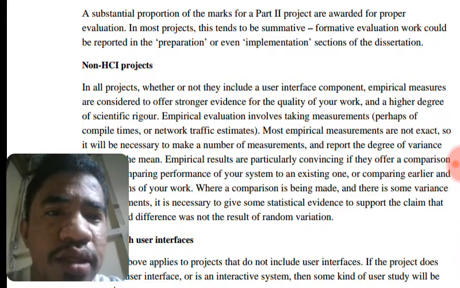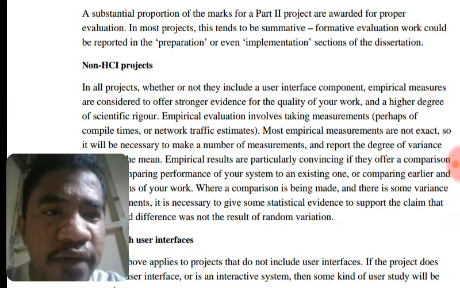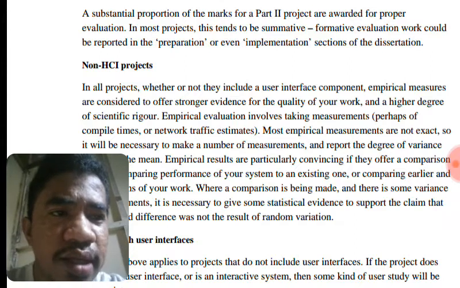Non-HCI projects: in all projects, whether or not they include a user interface component, empirical measures are considered to offer stronger evidence for the quality of your work and a higher degree of scientific rigor.